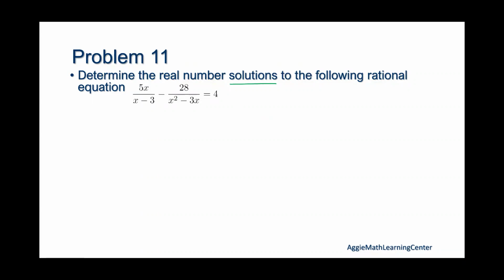I'm gonna factor this denominator so that we can see what the common denominator is. That gives us an x and an x minus 3, which means we want to multiply the other ones by that so that we have a common denominator. So this one we'd multiply by x. This one we need to multiply by the whole thing.